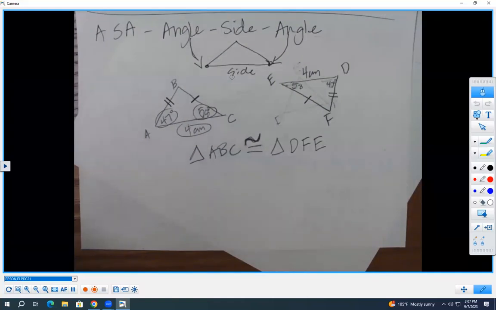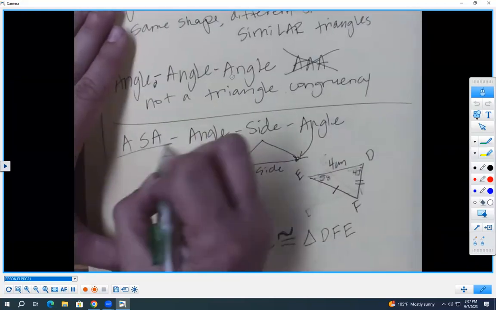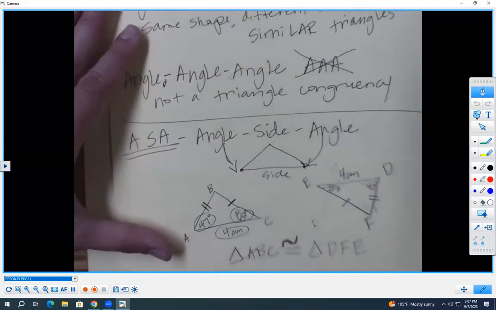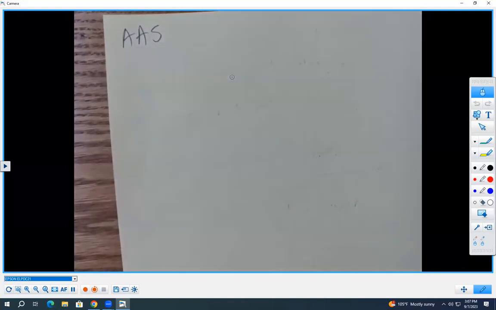Oh, yeah. So this is a version that you're allowed to use. The other version is angle, angle, side. What if I had 2 angles still, but this time it's any side, not the included side, any of the other 2 sides?